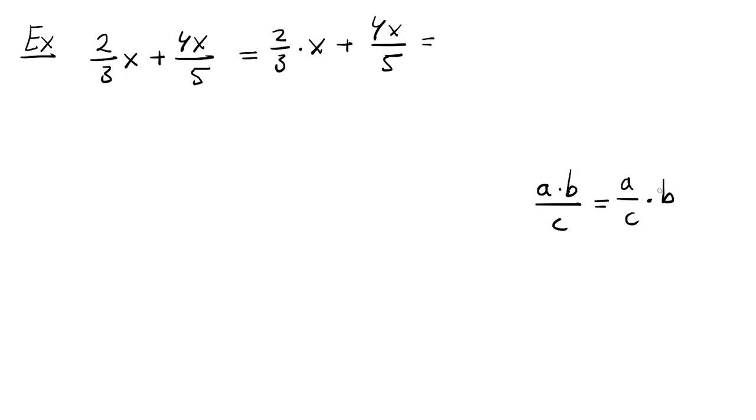So what we can do here is we can move up x there. So this can be written as 2x divided by 3. So now we can just use the normal rules for fractions.